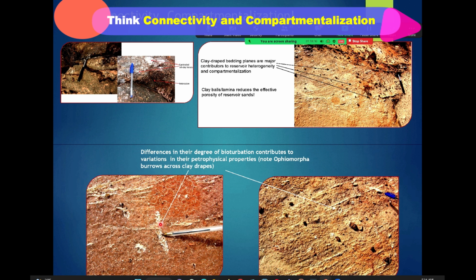In this very case, if a particular individual moved from this part to this other part, it now broke this barrier or this baffle, which was originally separating this compartment from the compartment below. So moving across actually creates some kind of opening. Okay, so that's one way that bioturbation or evidence of activity of the past life in this context has actually enhanced the quality or enhanced connectivity in this reservoir.